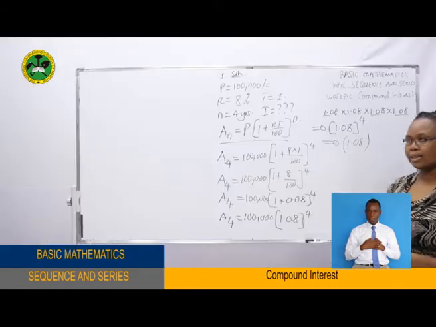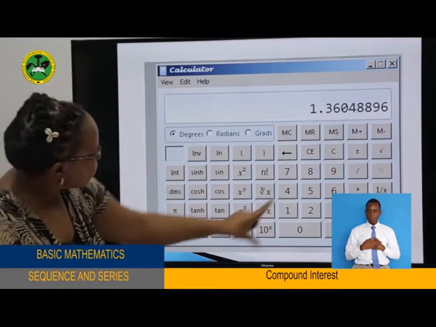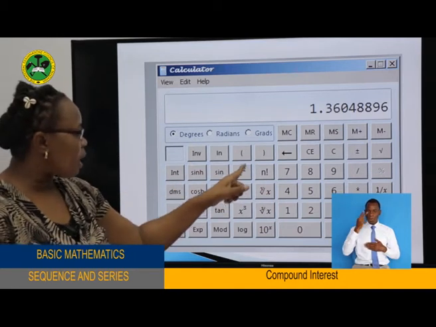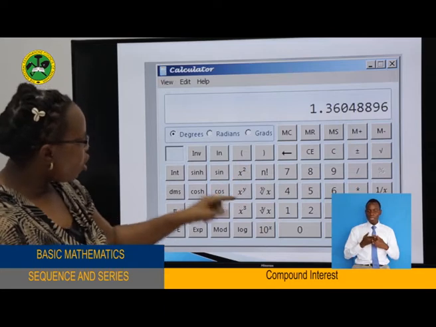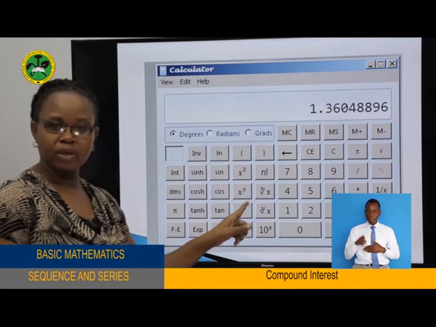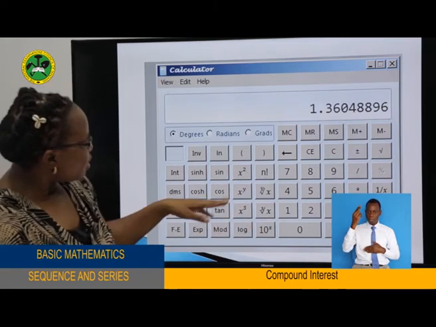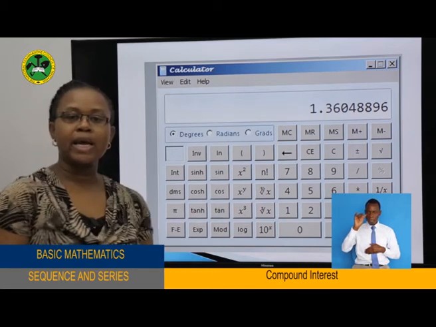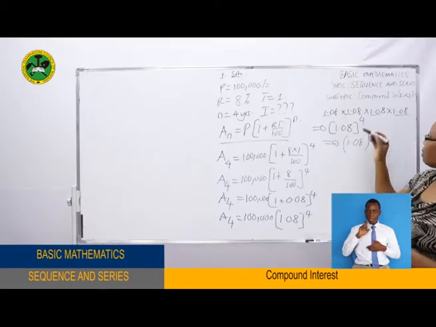Looking at the keys here, you can find a key with x power square, or a key with x power 3, or a key with x power y. These keys can help you find the power of a number.